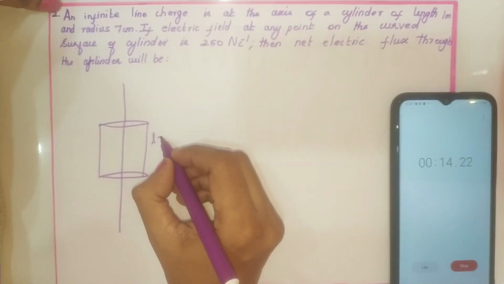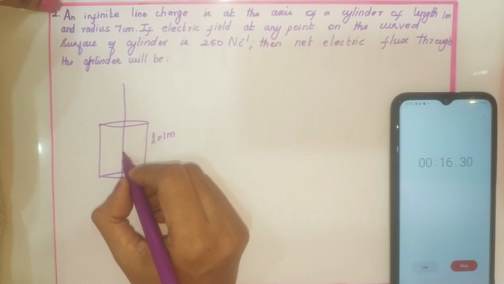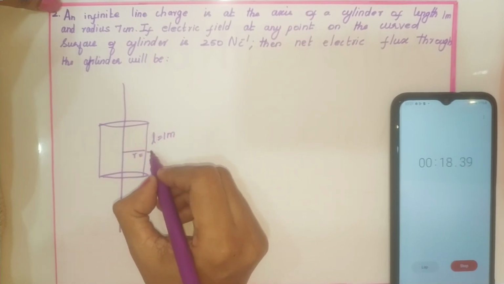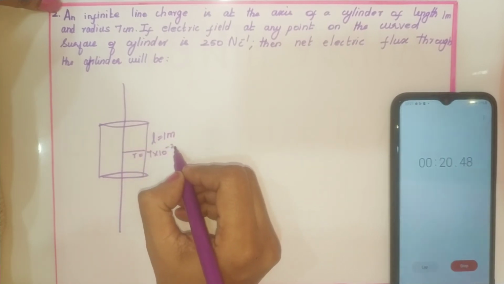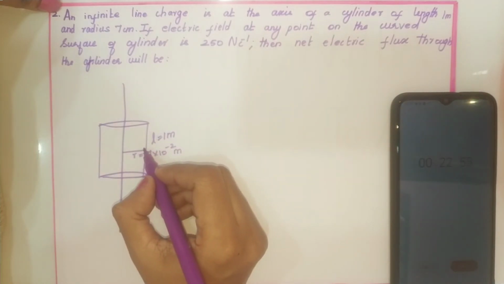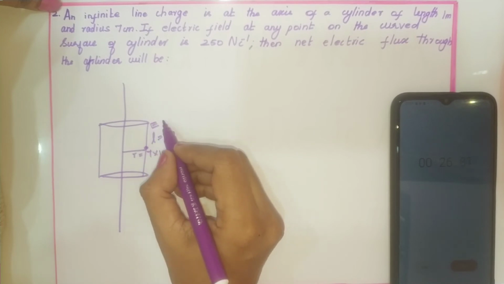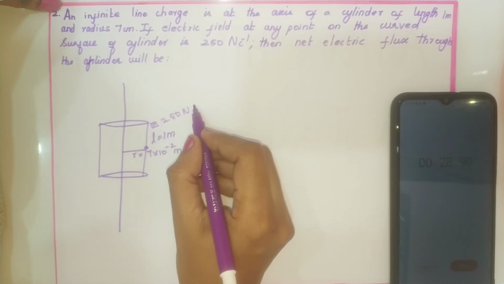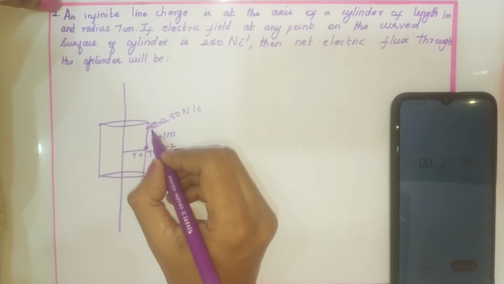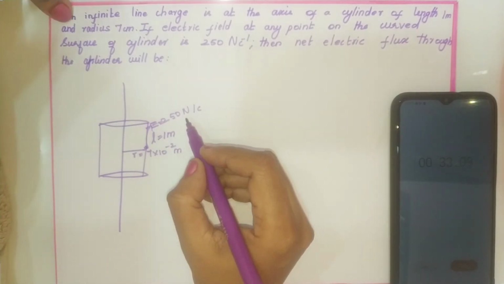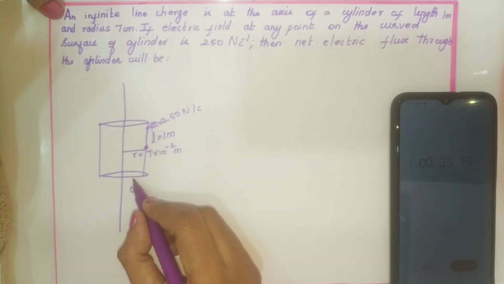The length L is equal to 1 meter and the radius is 7 centimeter, that is 7 into 10 power minus 2 meter. The field at this point is 250 Newton per coulomb, and the flux is to be calculated.